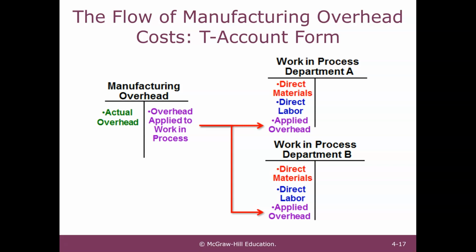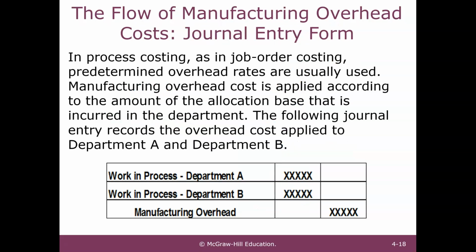We will credit manufacturing overhead, the applied, and then debit Department A and Department B work in process inventory for the manufacturing overhead. This is the same process that we use in chapters 2 and 3. The only difference is you have more than one work in process because you have more than one process to make a product. So debit each department the work in process for the amount applied to overhead, and then credit manufacturing overhead.